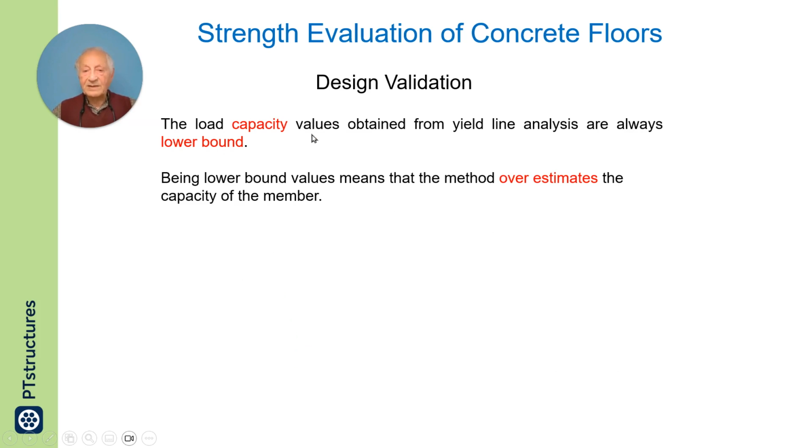The load capacity obtained from yield line analysis is always a bound. This is an item to be aware of. What it says is that after you're done with your evaluation, you have to validate it. What does it mean to validate? The yield line capacity evaluation always gives a capacity different from the actual capacity.